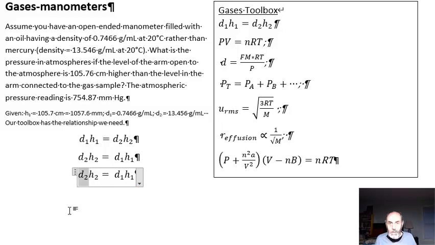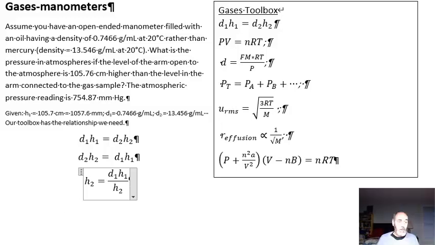So there we go, and there's our final relationship that we're going to use. Now we can just insert the numbers. So we've already assigned the variables and are given. So now we put in the numbers into their respective places.